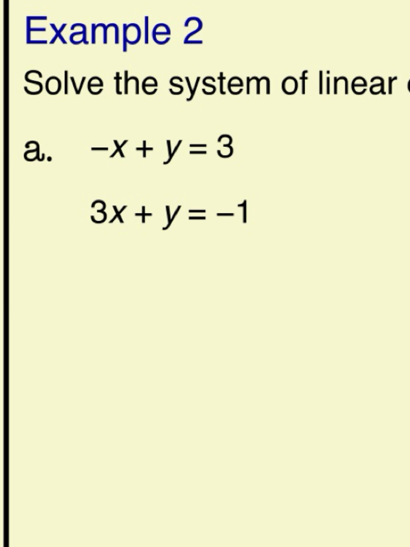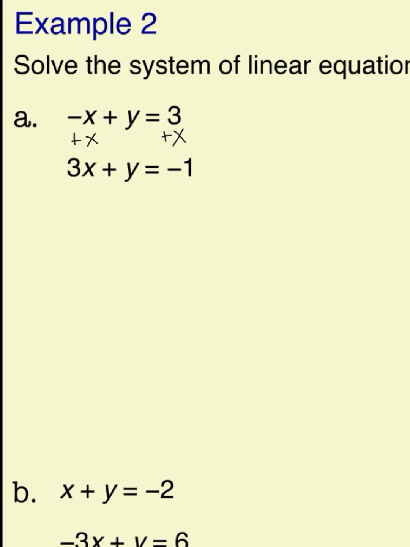Now in the first equation, I see a pretty easy step I can do to get y by itself. So I'm going to rewrite that first equation. I'm going to add x to both sides, so I have y equals x plus 3. Remember, we cannot combine the x and the 3 because they're not like terms. So I just have y equals x plus 3.